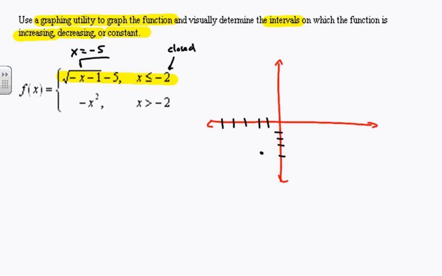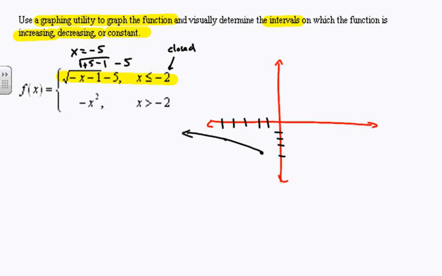The square root of -5 would be negative, so it'd be turned to plus. -1 would be 4, which would be 2. -5 would give me -3. So -5 and -3 is right there, and it will be going like so. Okay, that is that first graph.